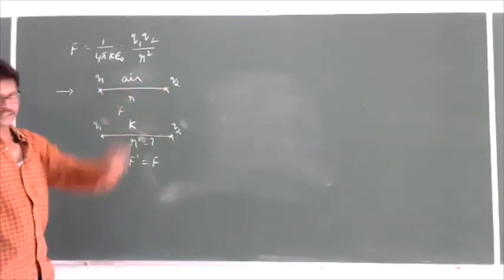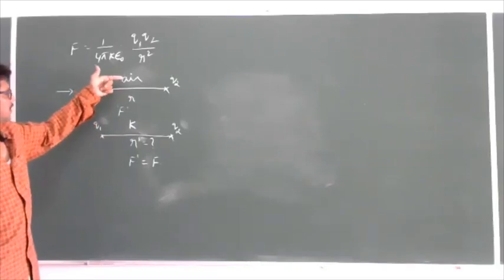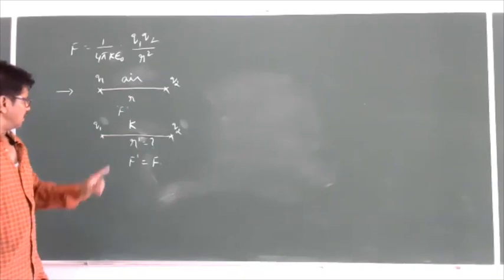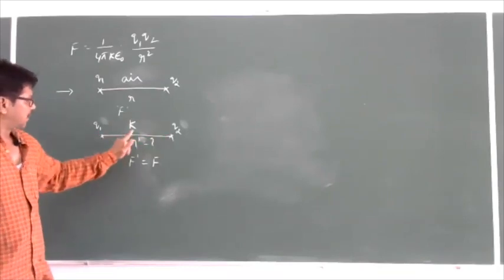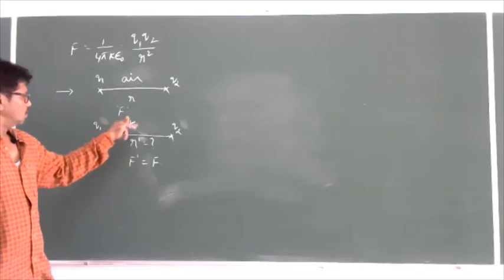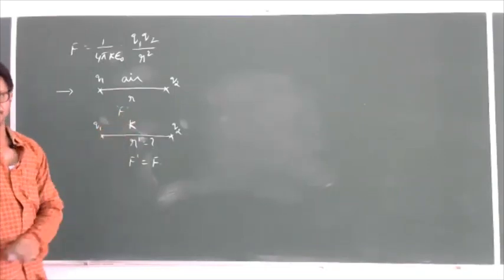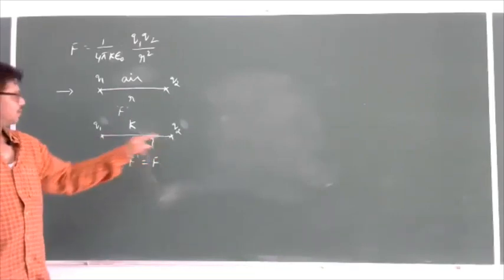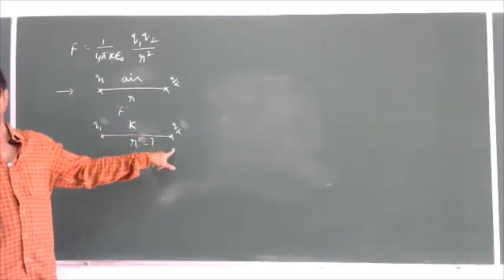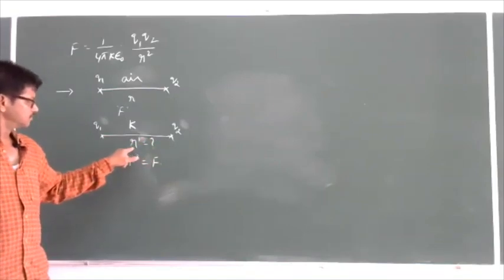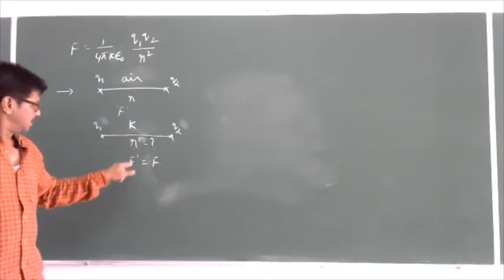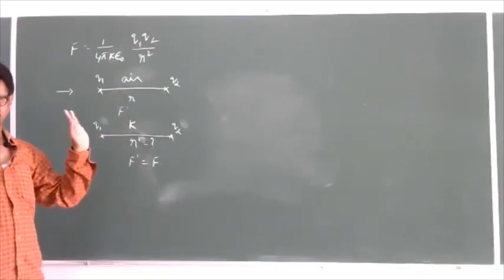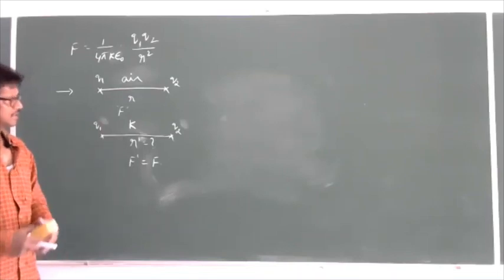Two charges, initially placed in air and separated by distance R, experience a force F. Now, those two charges are placed in another medium whose dielectric constant is K. What should be the new distance between them so that they experience the same force as in air? This was the problem. Now, how to do this?